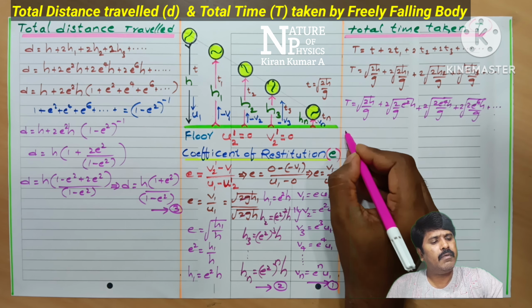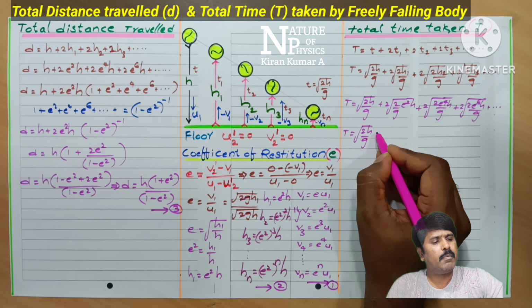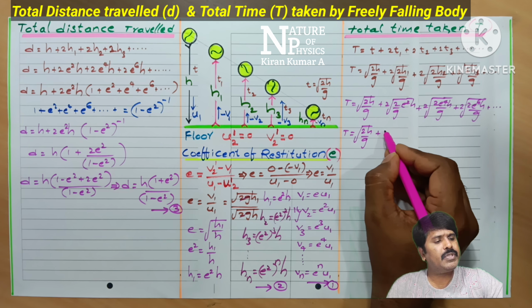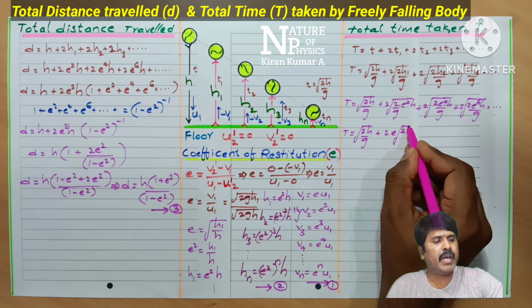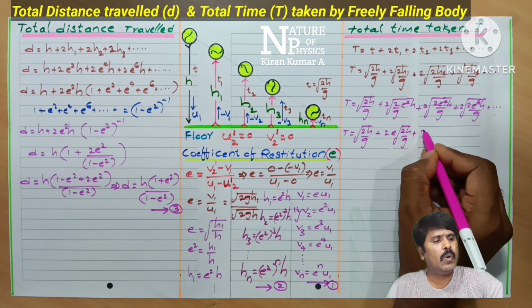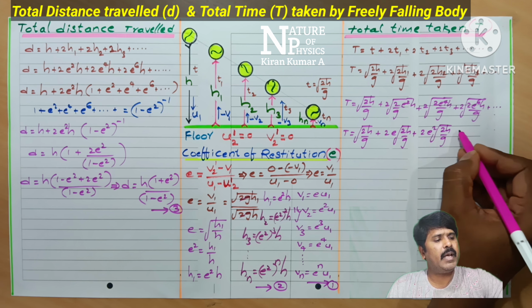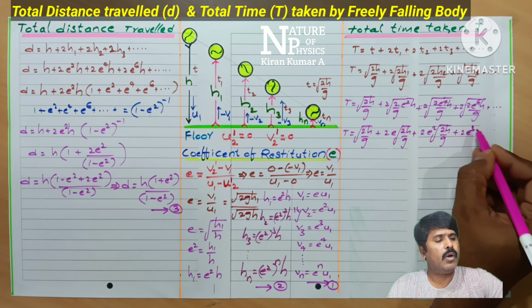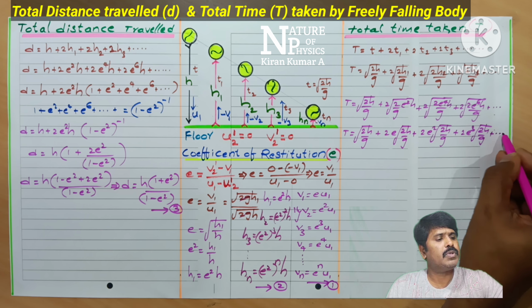So that t, which is equal to root over 2h by g plus this value 2e root over 2h by g, plus 2e square root over 2h by g plus 2e cube root over 2h by g, and so on.